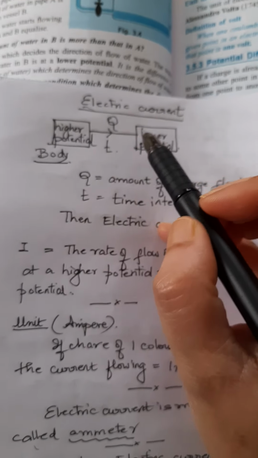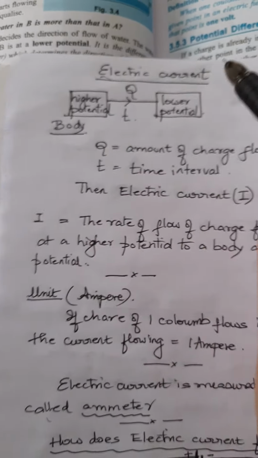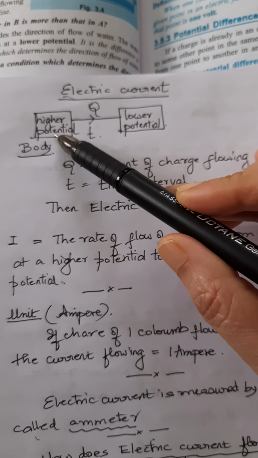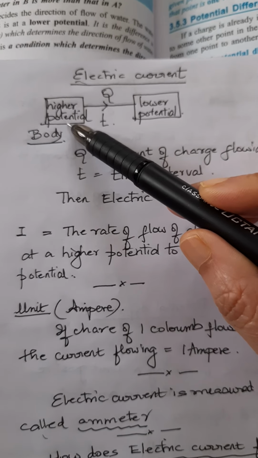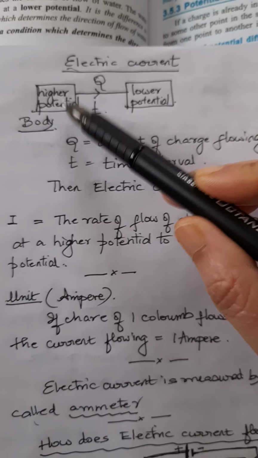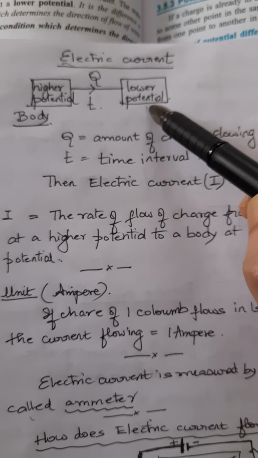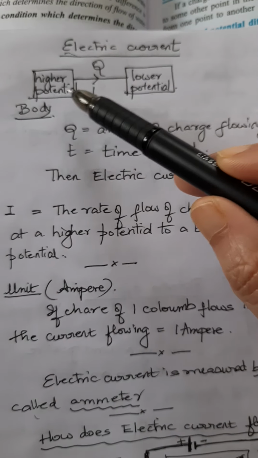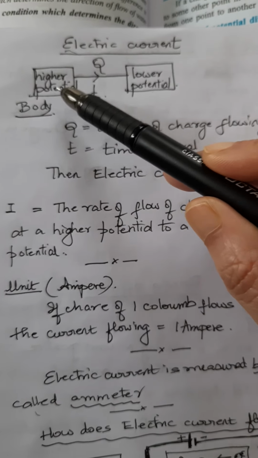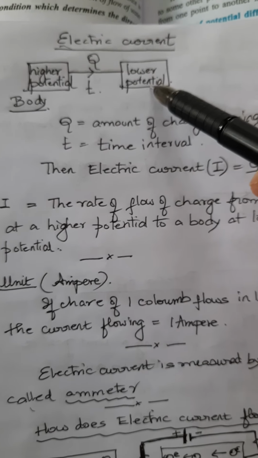We come finally to the electric current. We know that when a body kept at a higher potential is connected to a body at a lower potential, charge will flow from the higher potential to the lower potential.